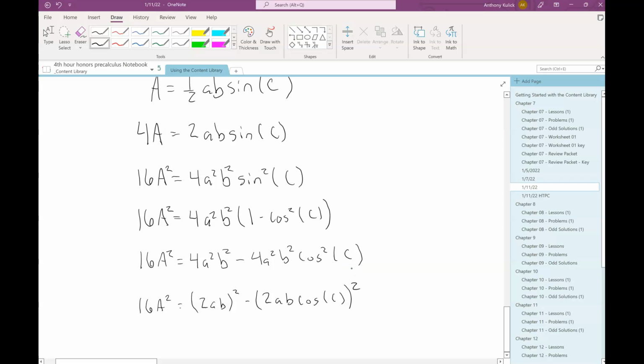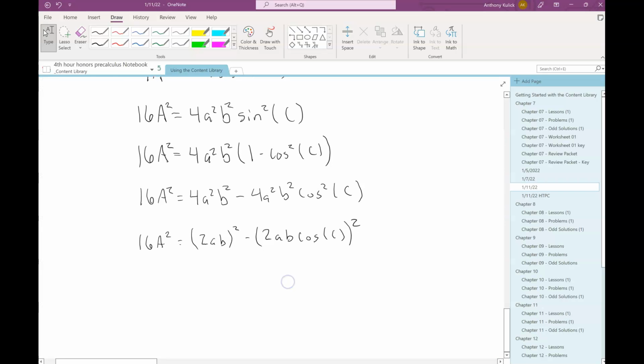You guys see that? Not super obvious maybe at first glance, but when I rewrite it, you should be like, all right, Mr. Kulik, you got me. Definitely a difference of two squares.